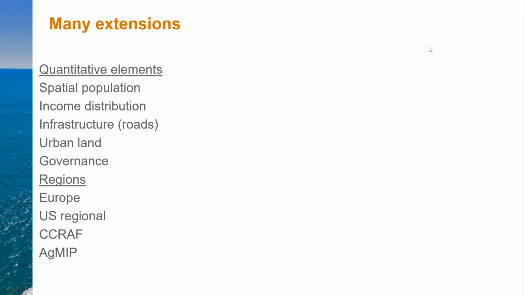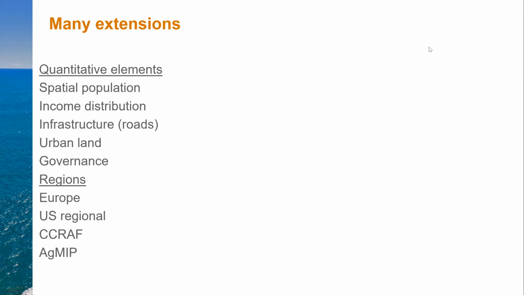There are income distributions, not just income growth at the national level, but the distribution of how many people are at lower levels of income versus higher levels of income across countries over time. Same thing for infrastructure, urban land, governance, and so on. There have also been regional versions of the SSPs developed, producing greater detail on the story of what's going on in Europe or at US subregions and so on.